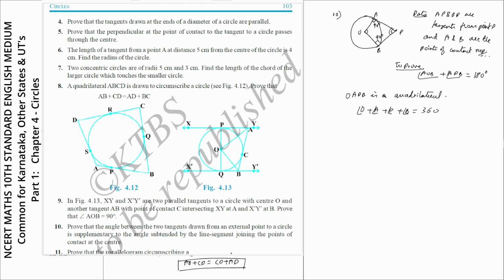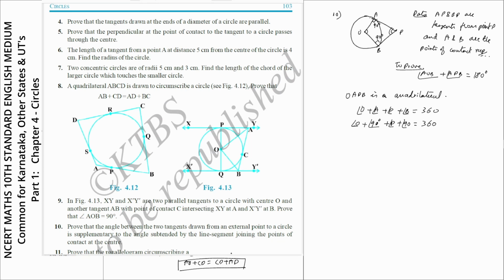Now we know angle A is equal to 90 degrees. Why is it 90 degrees? Because the tangent makes an angle of 90 degrees to the radius at the point of contact. Angle P we don't know, and angle B is 90 degrees.